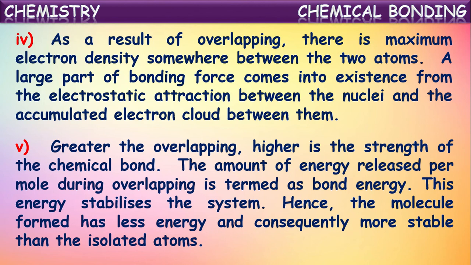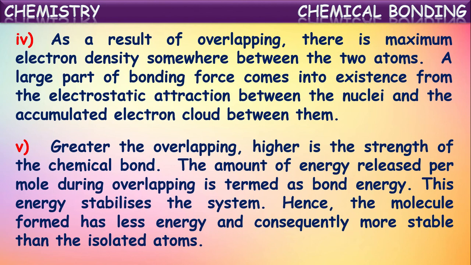Okay, for example, if you consider a single isolated hydrogen atom and a hydrogen molecule, and compare between these two, the hydrogen atom will be having greater energy and less stability, whereas the hydrogen molecule will be with greater stability and less energy. Because when two hydrogen atoms approach each other, their atomic orbitals overlap each other and they form a covalent bond.